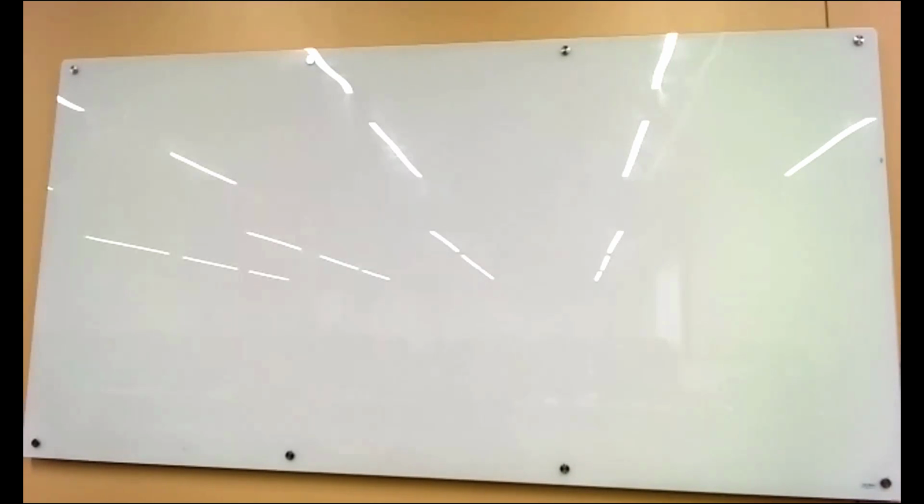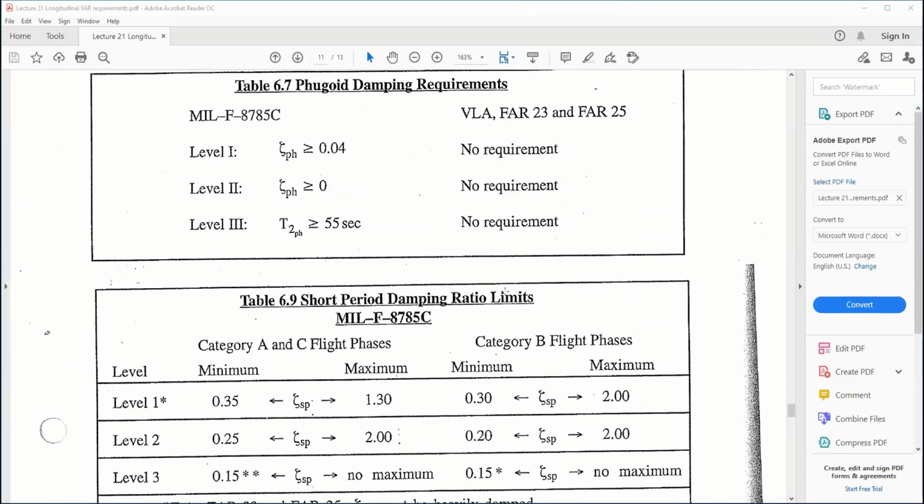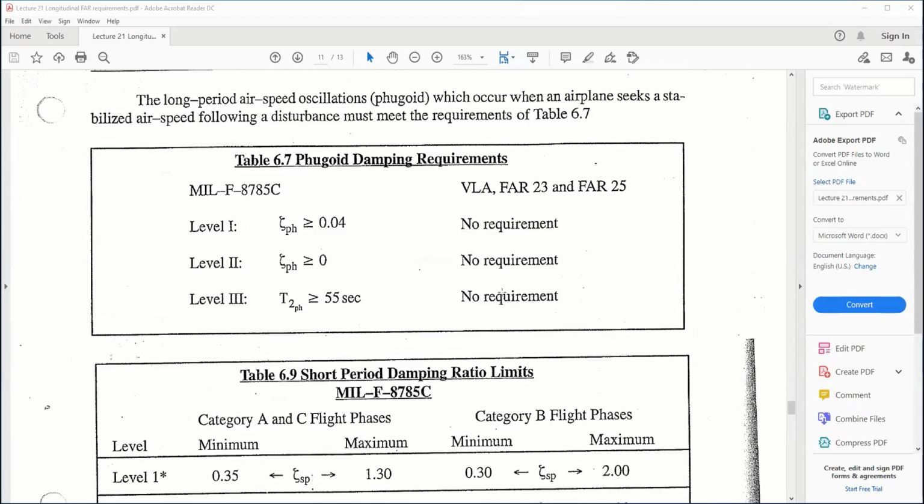So we have to jump back and forth here because I can't project two things at once. Here's our requirement. So we had 0.05, the specs say if you're bigger than 0.04, we have level 1. So we say check. Our damping ratio is big enough. So jump back. Everybody see how that works, right? It's pretty straightforward.